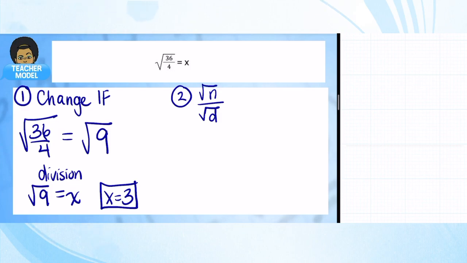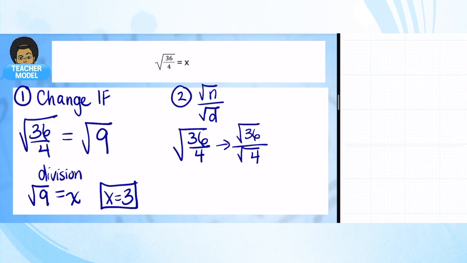Easy peasy. Another way you can do this is by taking your number, and you have to know this one also, because you're going to use this a lot in future math lessons. And you're going to express it as the square root of your numerator over the square root of your denominator. I started writing the answer early.